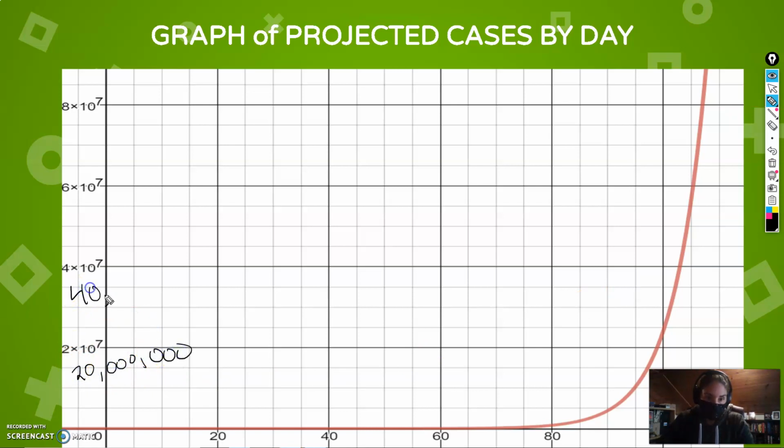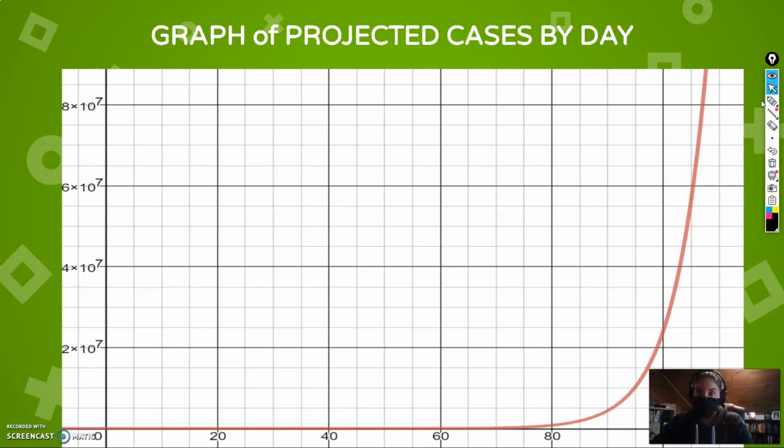This number here is 40 million. This number here, 60 million. So you can see how quickly that we can get from 0 to some number like up to 60 million. Okay, so exponential growth. It is huge. So here's the graph.